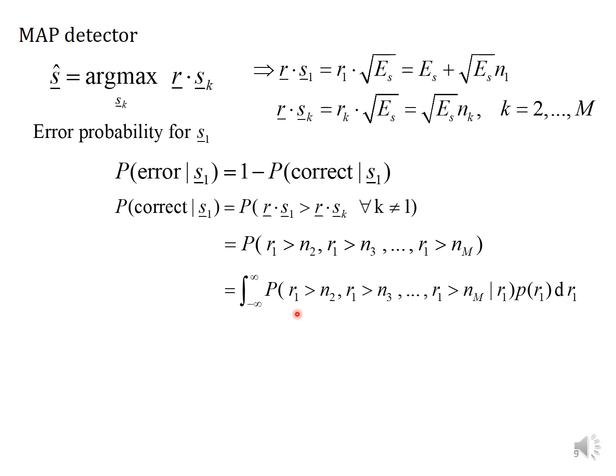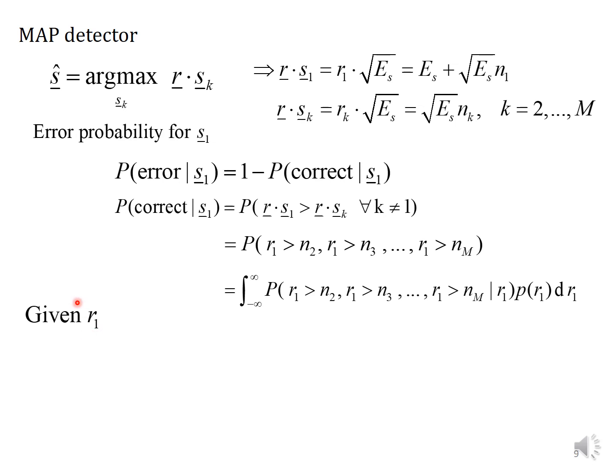But no matter what the value of R1 is, R1 has to be greater than all the other components of R, that is N2, N3 to Nm. So let's find a closed form of this probability.